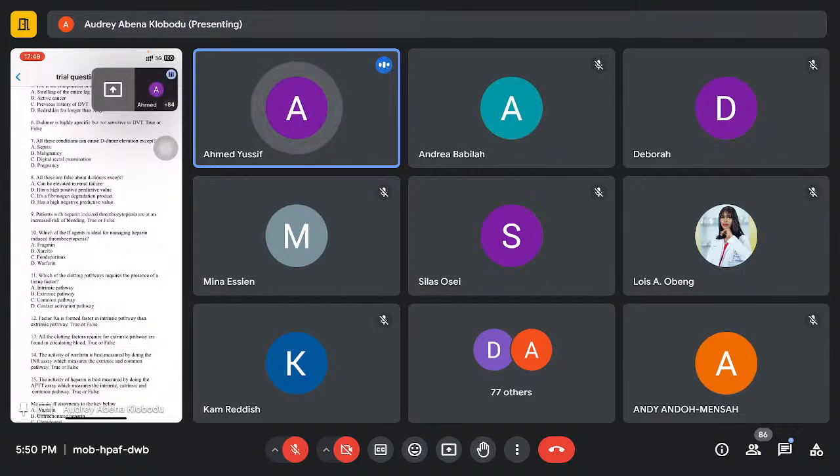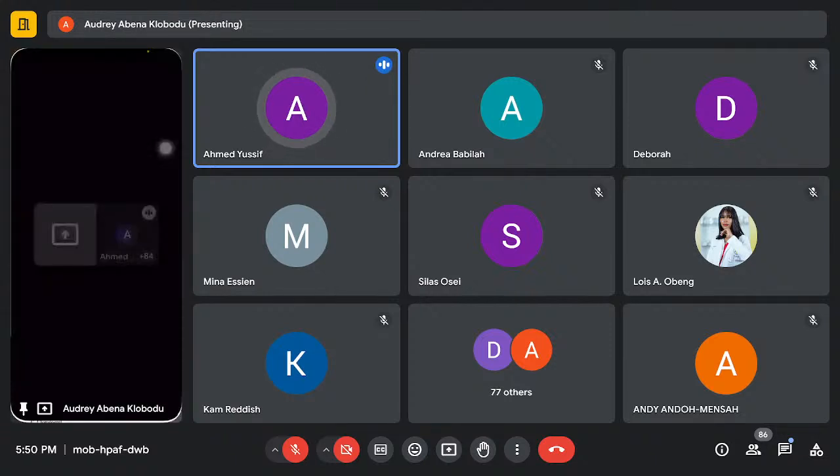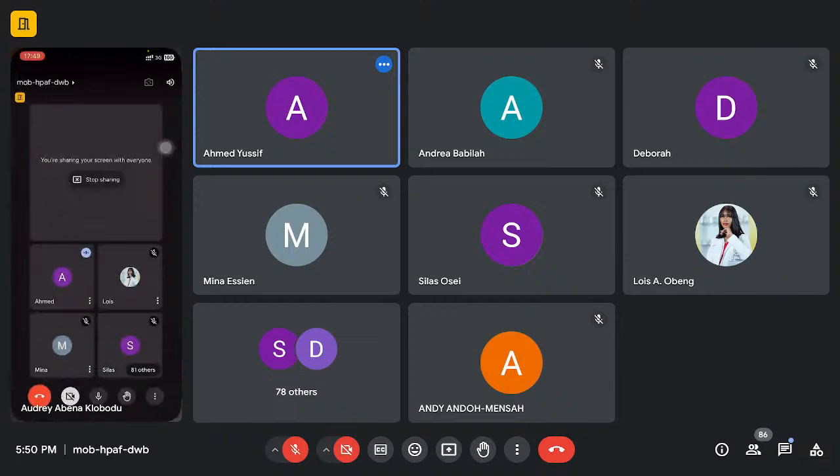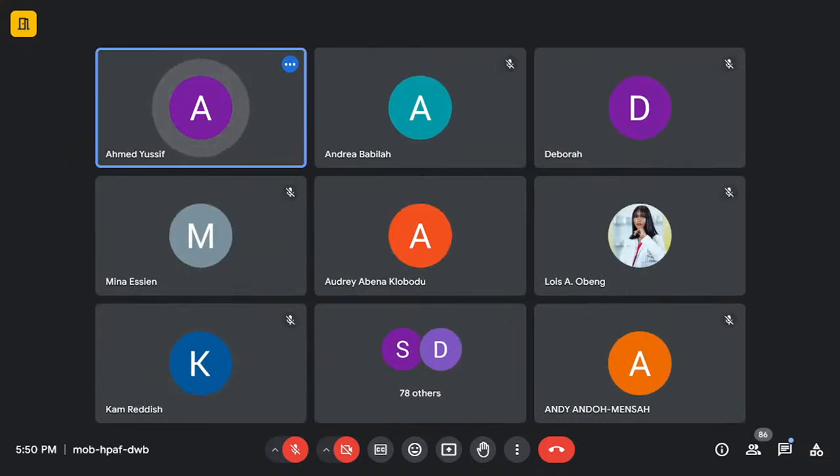All right, so if there are no other questions, let's quickly start a new topic. I told you we'll be starting with a new topic today once we finish with the questions. So I told you to read on tetanus. That's the topic for this evening, tetanus. Okay, so let's start. What do you know about tetanus?